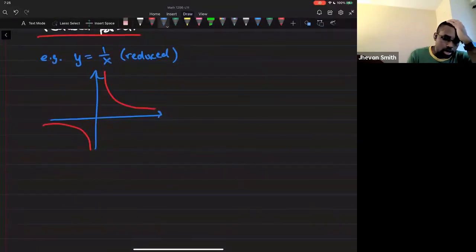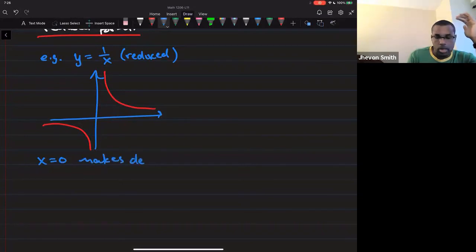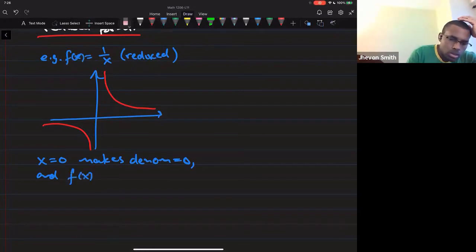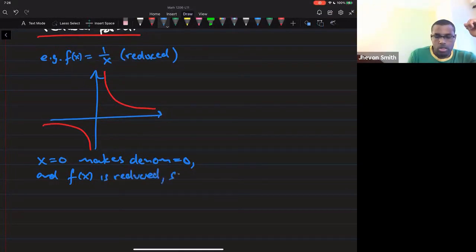Notice that x equals 0 makes the denominator equal 0, and the function is reduced. So x equals 0 is a vertical asymptote.